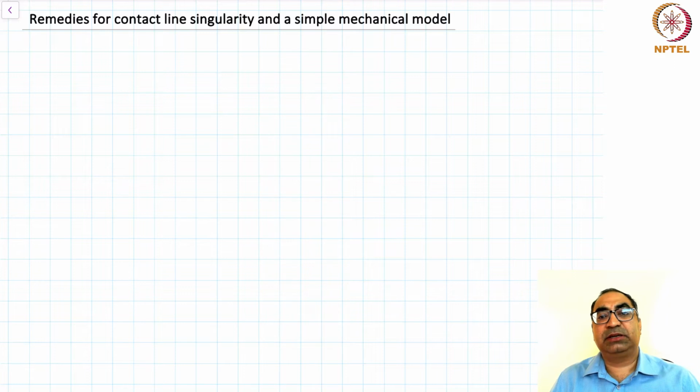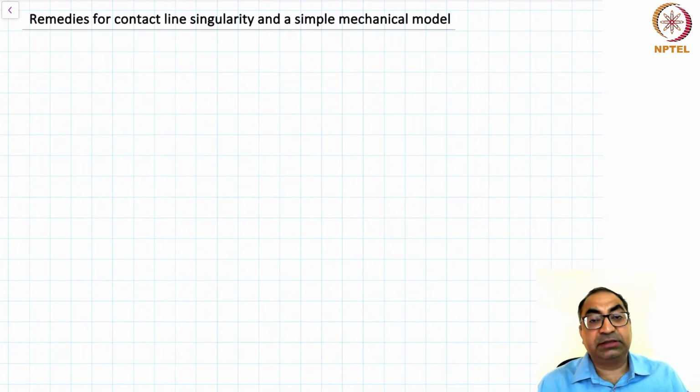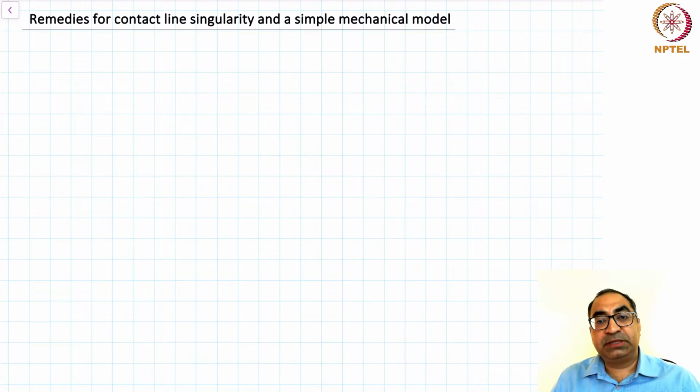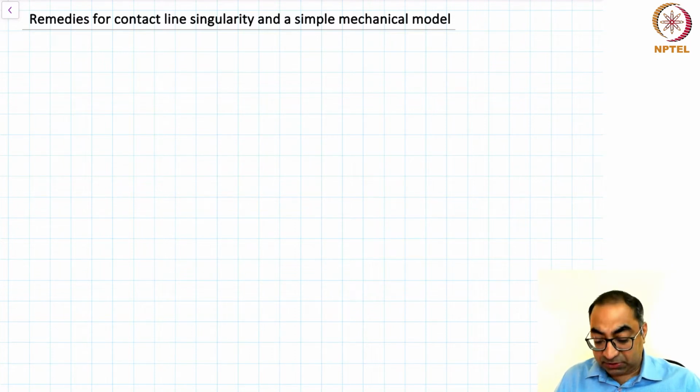This model is thanks to the physicist de Gennes, and we will revisit this problem. The problem is discussed in more detail in a book that he has authored, which is also a reference book for this course.